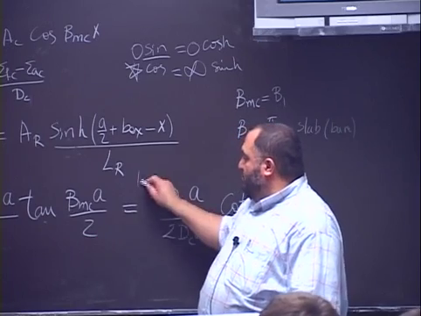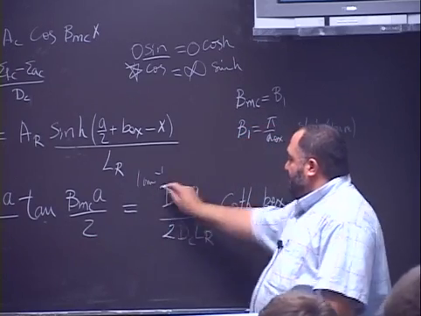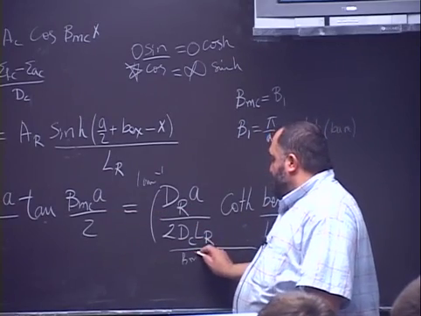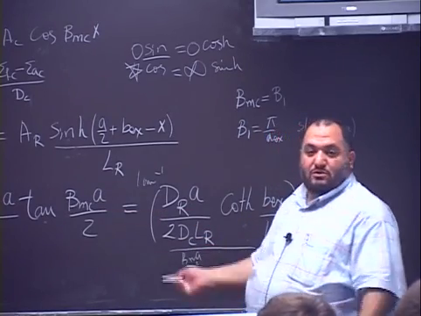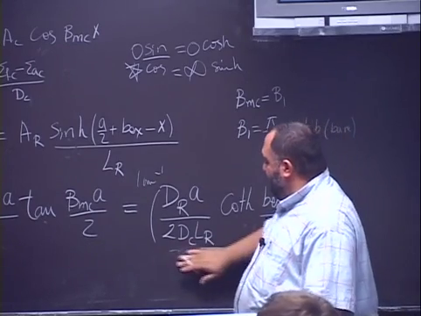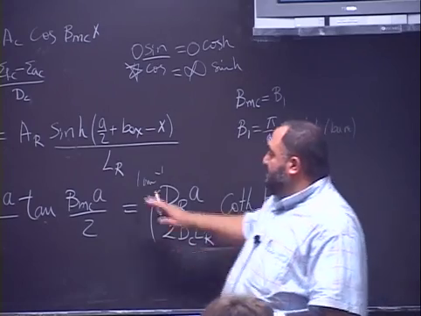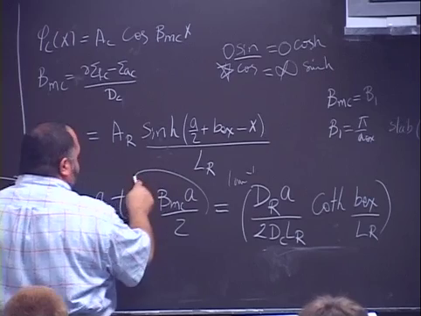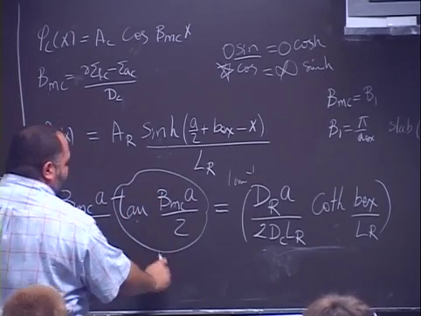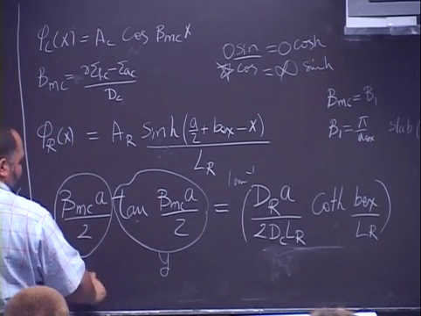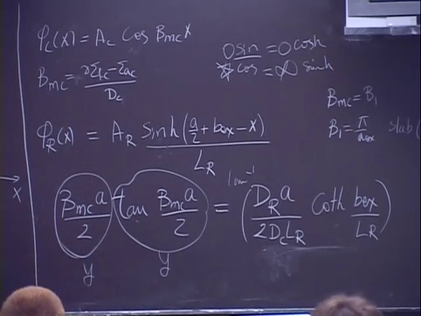But you also get tangent minus 1 for this side, which contains B_MC a over 2. So I did not do anything, I just swapped the position. So this is a transcendental equation and I have to solve it. To solve it, you plot this one as y1, for example, and plot this one as y2, and see where they cross over.